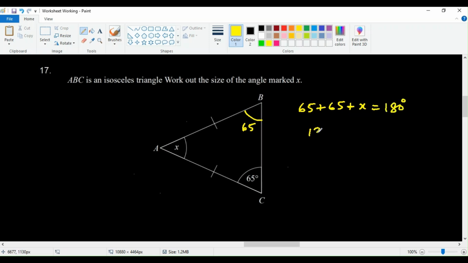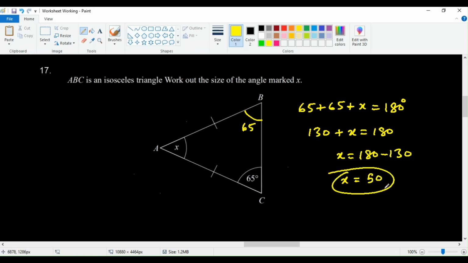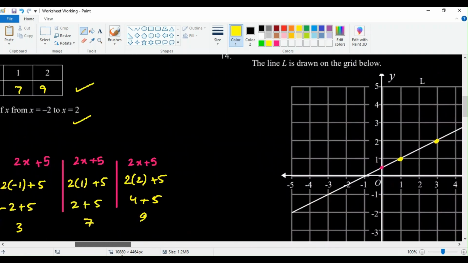This gives us 130 plus x equals 180. That means x is equal to 180 minus 130. This working is required, so make sure you do this accordingly. So x is 50 degrees. That's the answer for the last question of this worksheet.